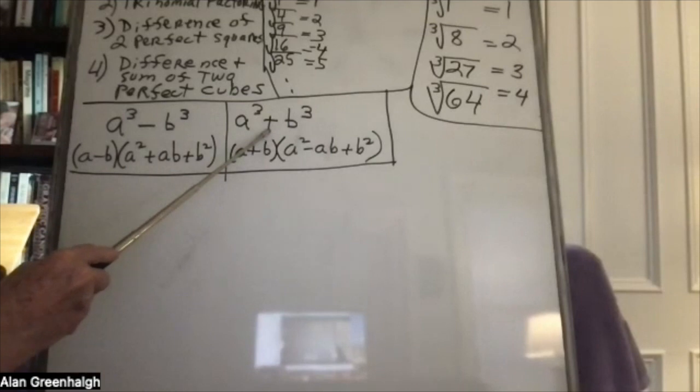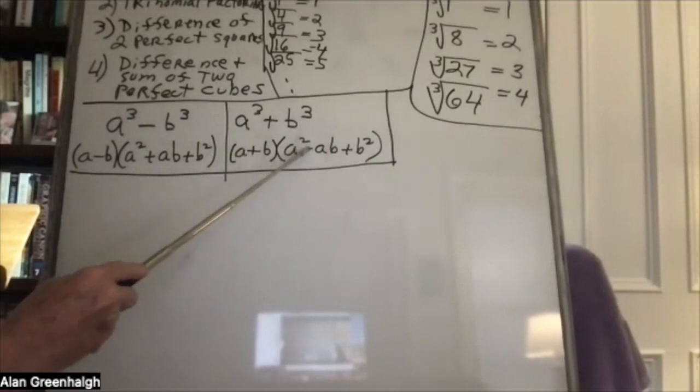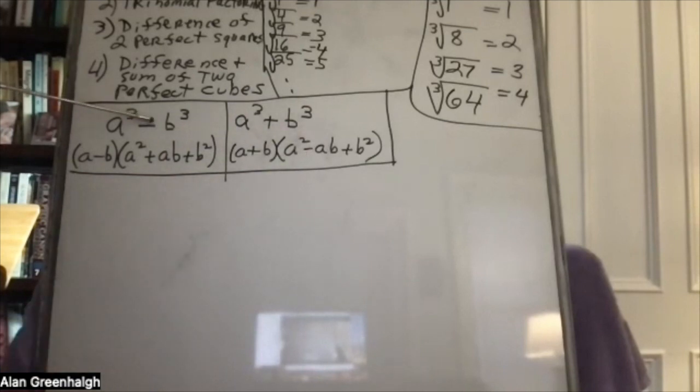This starts out as a positive, therefore that's a positive, and therefore that's a negative. So this is a negative, this is a negative, this is a positive. This is a positive, the sum of two perfect cubes, therefore that's a positive, and that's a negative.